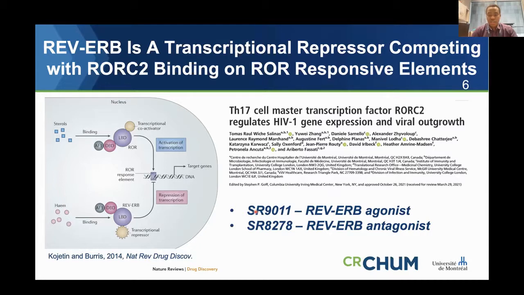SR9011, and the antagonist SR8278. By comparing with RORC2 and measuring the expression of various genes, including the HIV genome, we hypothesized that REV-ERB will decrease HIV replication.